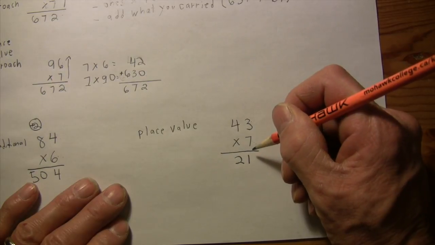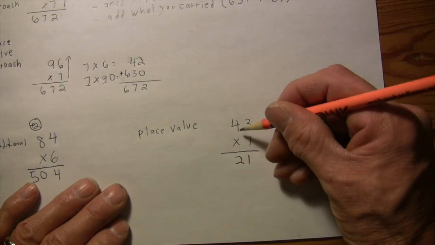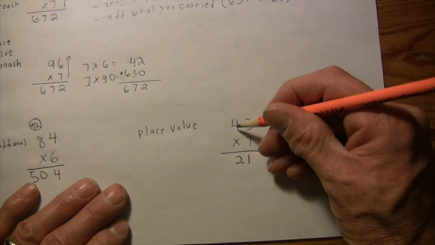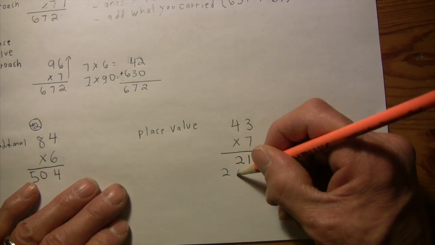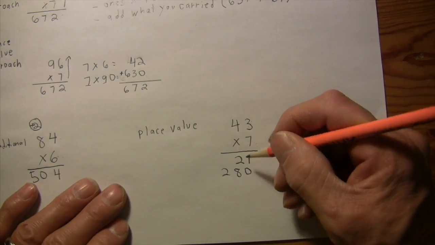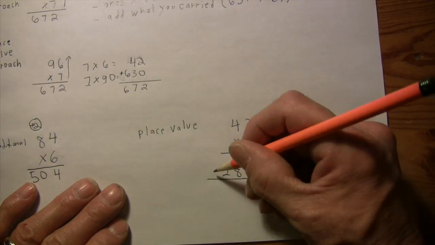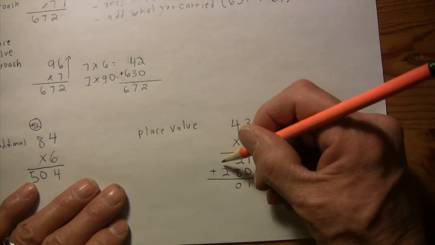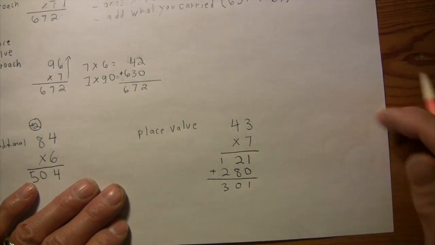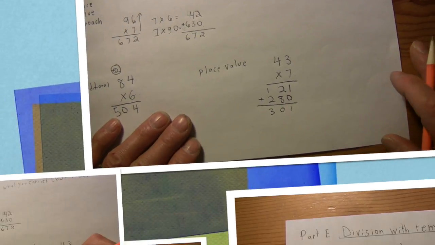And now we're going to multiply the tens. 7 times 40, 7 times 4 is 28, add the 0. And it's 280. Finally, we add those up, add the ones, the tens, and we have to carry again, and the hundreds. And our answer is 301.